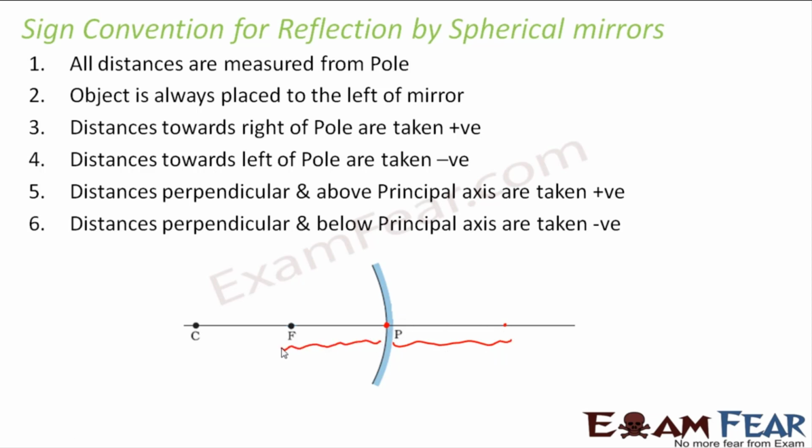Any distance towards the left hand side would be negative. Any distance above the principal axis would be positive. Any distance below the principal axis would be negative. Right? So these are the sign conventions which we will follow.